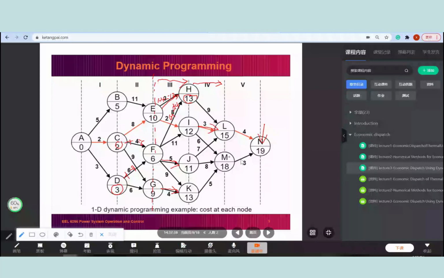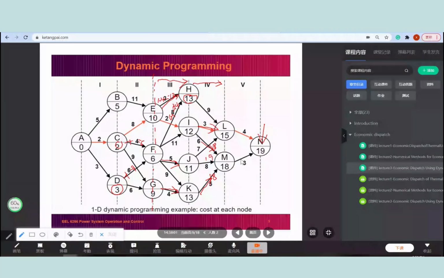For M, there are also 3 possible paths. If you travel from I to M, it will be 18, because 12 plus 6. From J to M will be 19. From K to M will also be 18. So that means there are 2 possible paths here.